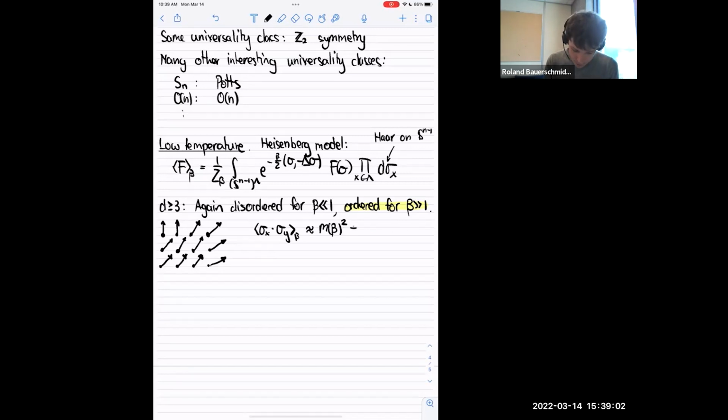But then the interesting part is the next order correction, where they have a power law behavior. And that brings this class of problems into the class of problems for which the renormalization group method is relevant. Sometimes it's called the spin wave or Goldstone picture.